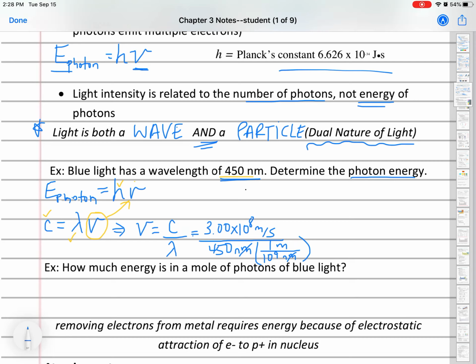So now my nanometers will cancel out and my meters will cancel out and my answer will be in inverse seconds. So I actually have to do this on my calculator because I did it the other way in my notes. But I felt like doing it this way live.